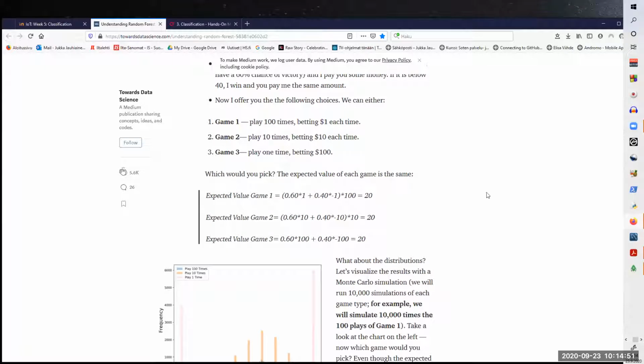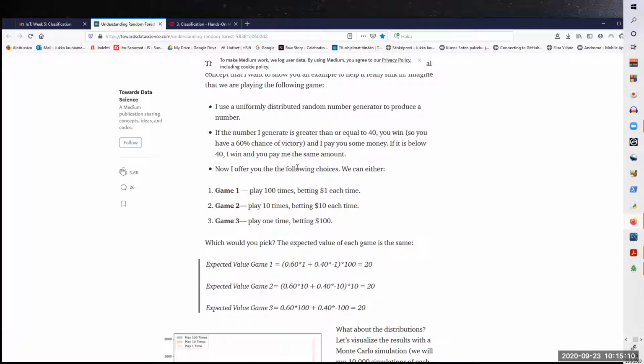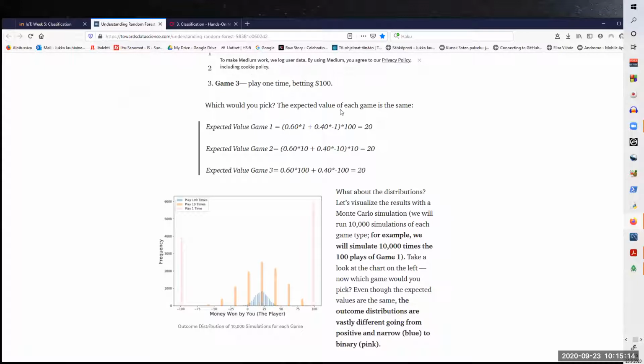All these 3 games have the same expected value of 20. So in each case, the player, or you, will win 20, for example $20.